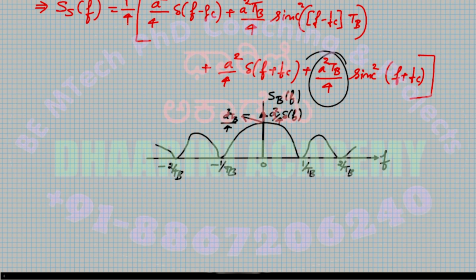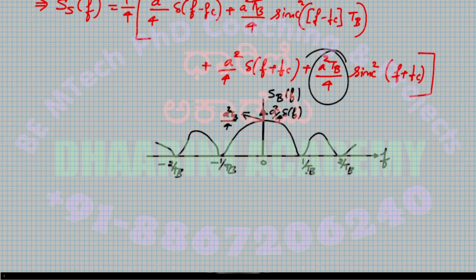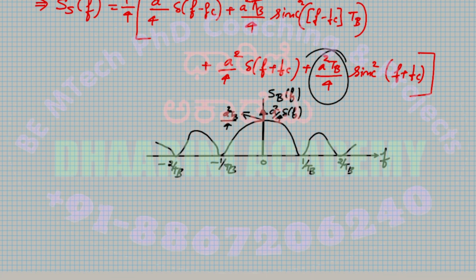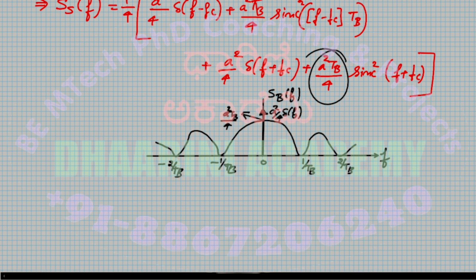Now let's move to the SS of f. That's what we see over here, in the equation format. I'm trying to plot that, which means I need a larger axis.